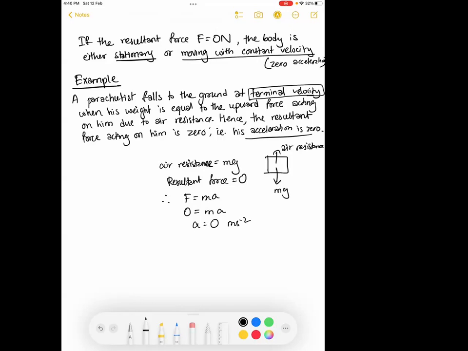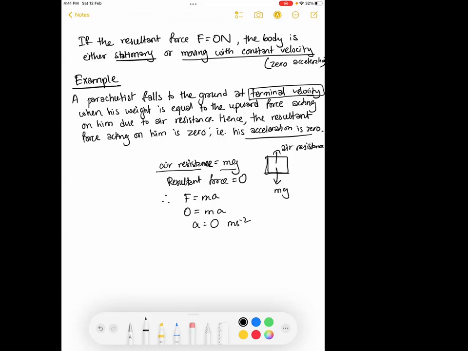So it is only zero because of terminal velocity. The upward air resistance and the downward weight are equal to each other in magnitude, not direction. That's why the resultant force is zero.